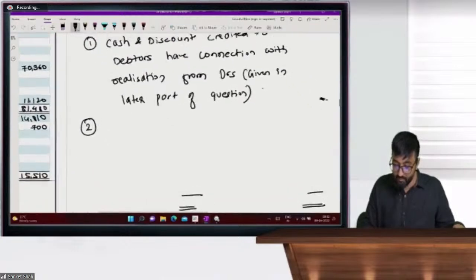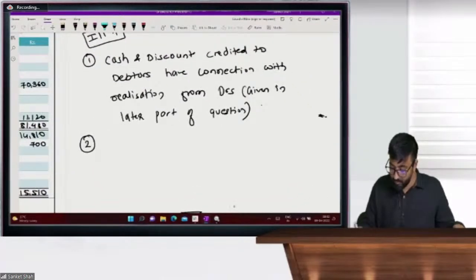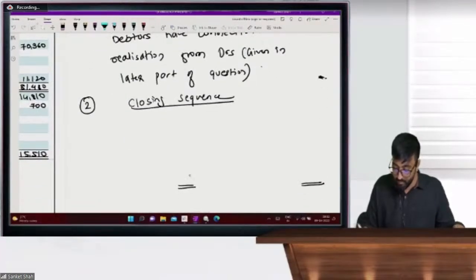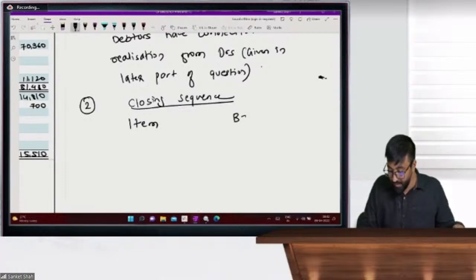Second one, closing sequence. Item and right hand side balancing figure.